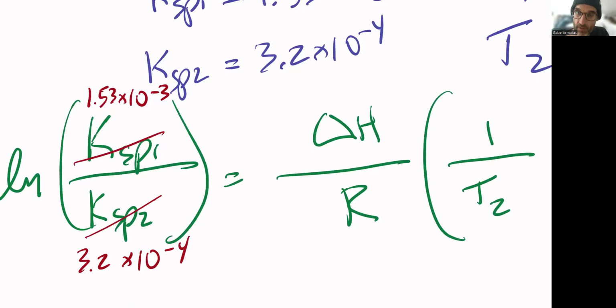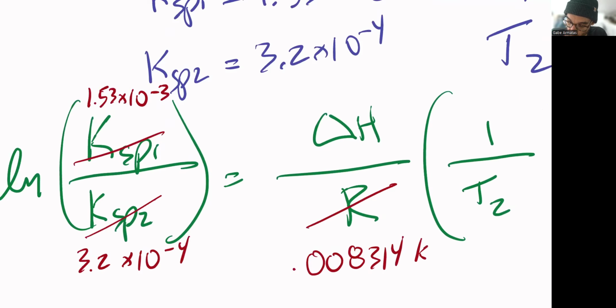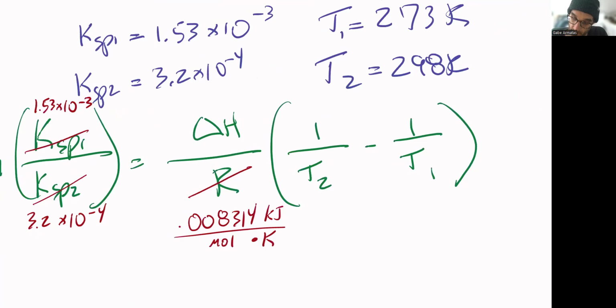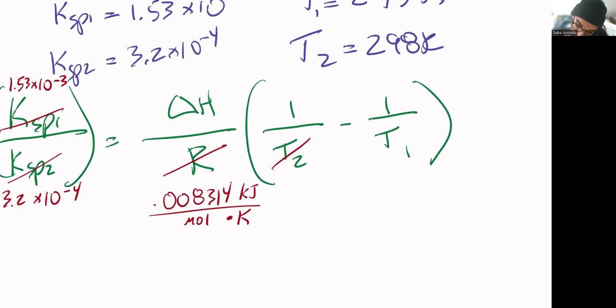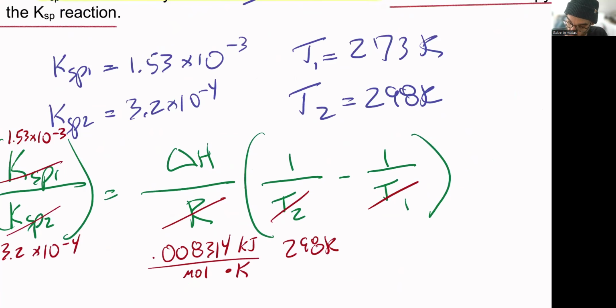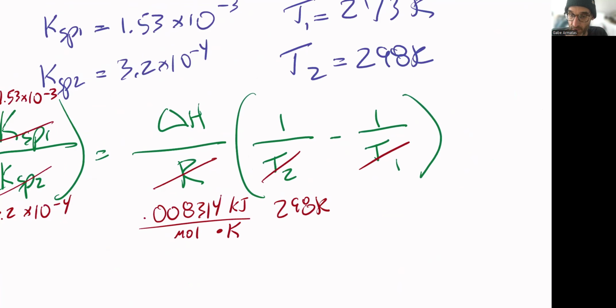My R value, again, I'm going to want this in kilojoules, so I'm going to use the value of 0.008314 kilojoules per mole Kelvin. And I'm going to plug in a temperature 2 of 298 Kelvin, temperature 1 of 273 Kelvin. Now I can do math.